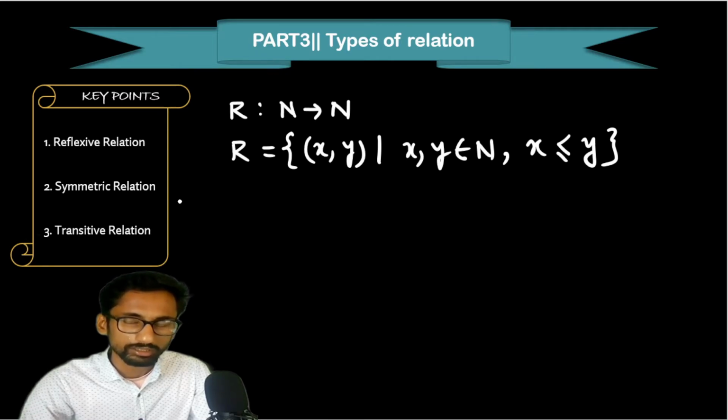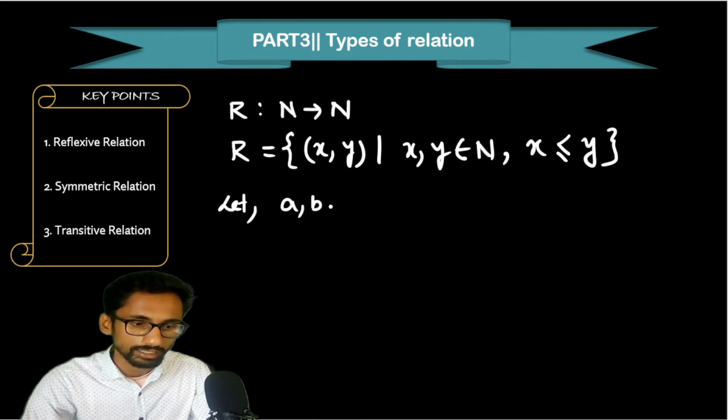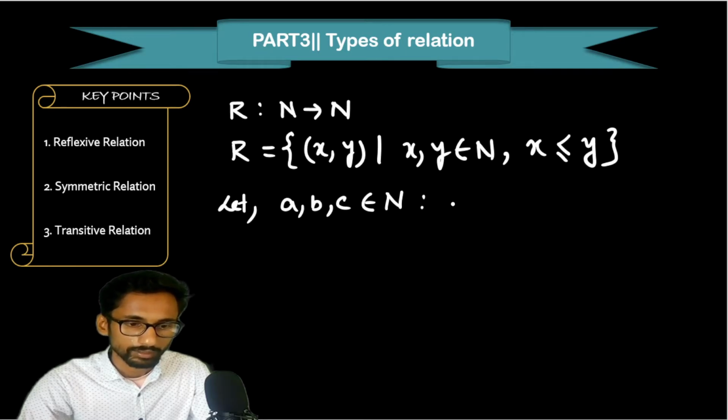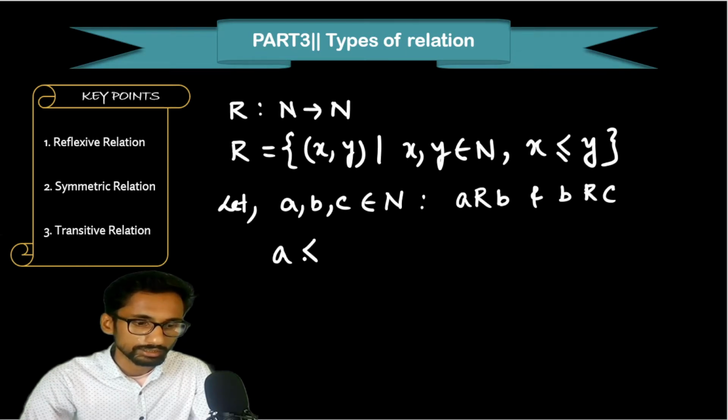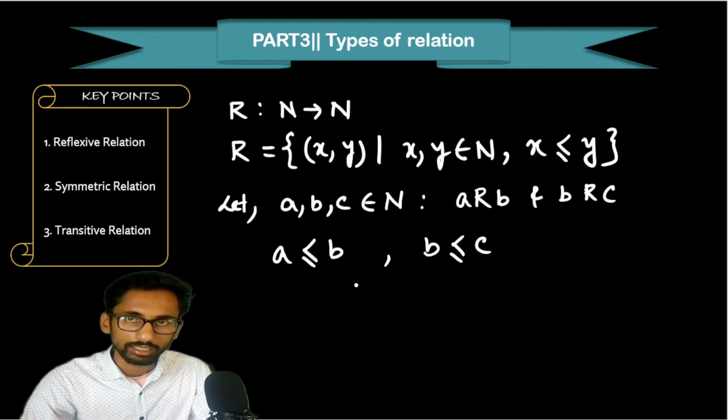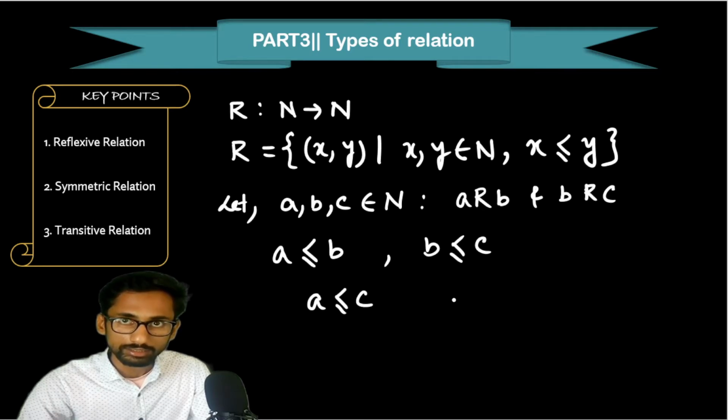Is this same relation transitive? To check that, we need to consider three elements. For example, A, B and C are the three elements from the domain of this relation, such that A is related to B and B is related to C. That means A is lesser than or equals to B and B is lesser than or equals to C. Then for sure we can say that A is lesser than or equals to C. Let us discuss this with an example.